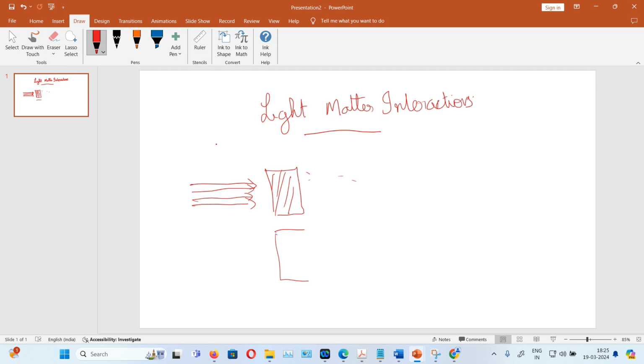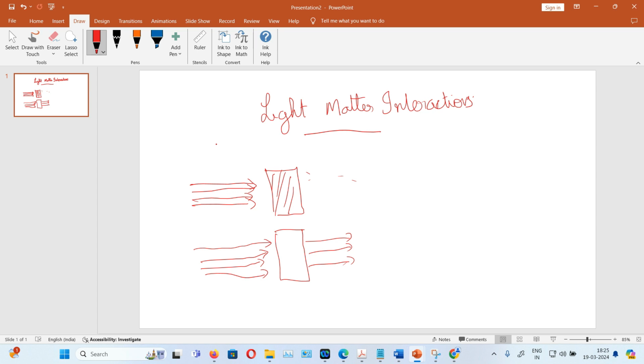And there are transparent materials. What are transparent materials? There will be some light coming here. You can see some light here also. They may not be exactly the same as here because there will be some interaction from the light with this material.